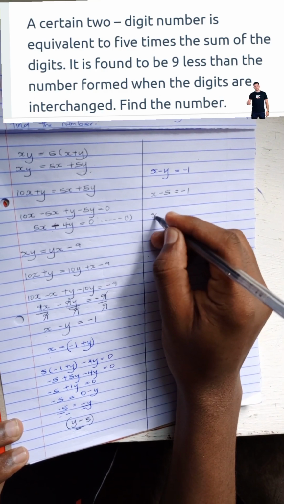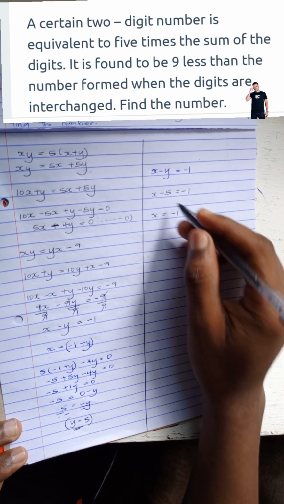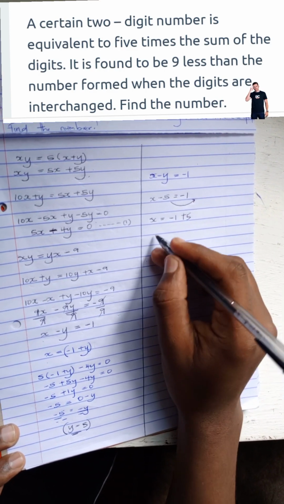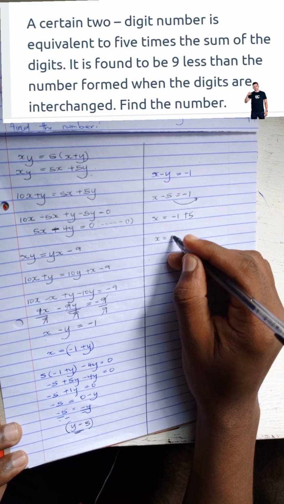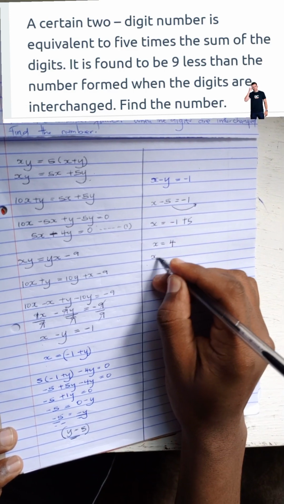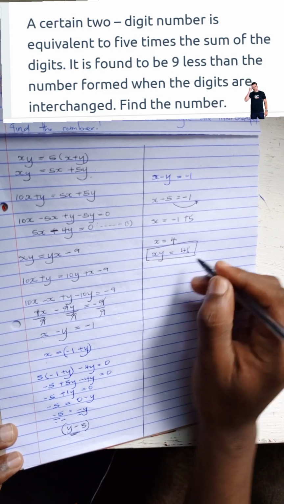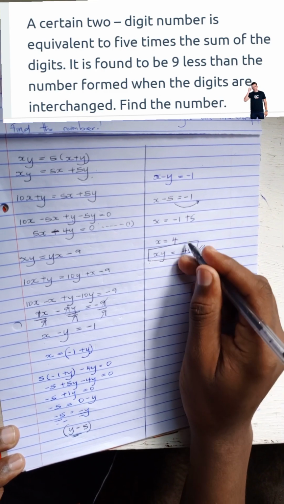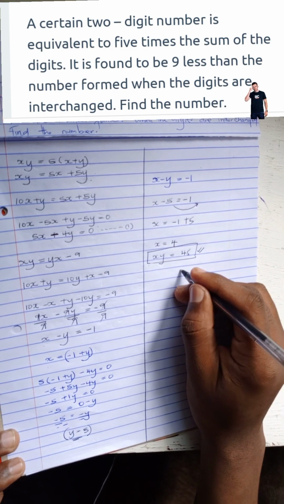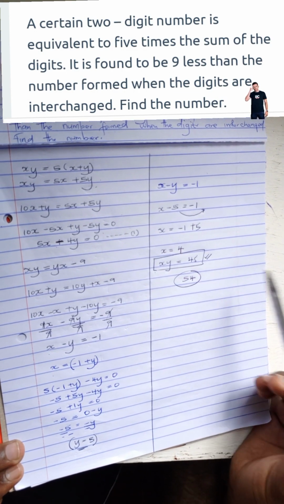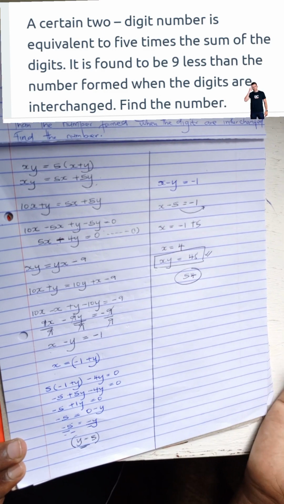So x is equal to minus 1 plus 5. After I take 5 to this other side, x is equal to 4. So xy is equal to 45. And the reverse of this number is 54. You can use the information above to confirm the working or whether the digits are correct.